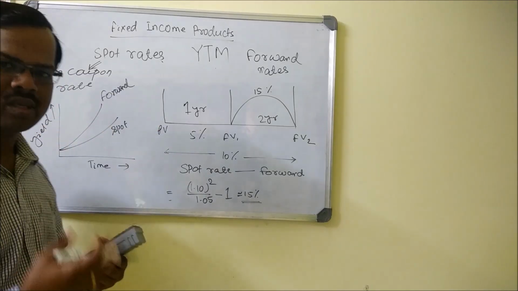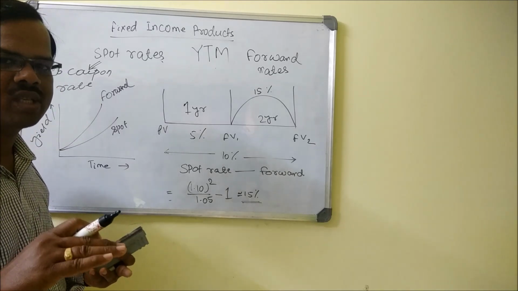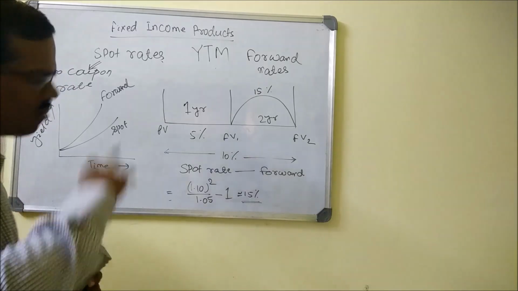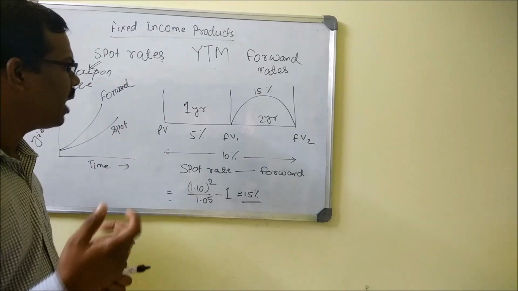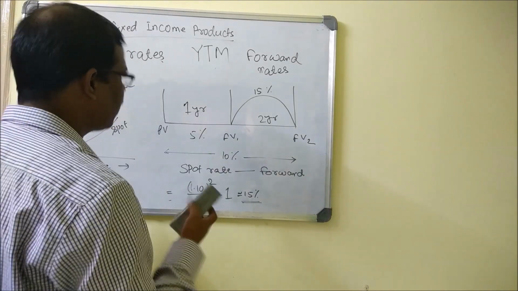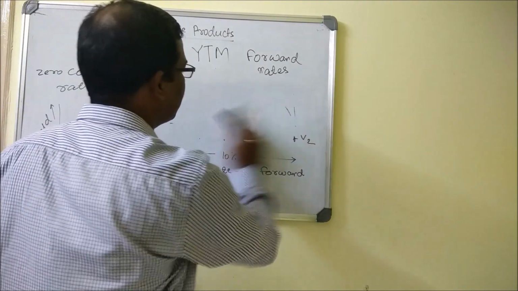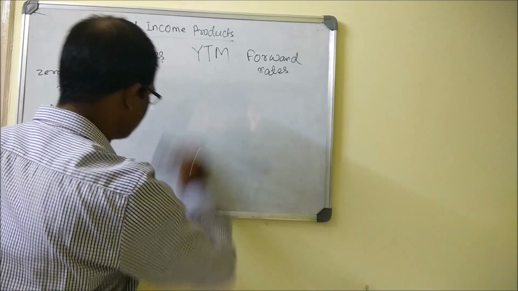Now we will study what will happen if the spot rate curve is a flat curve or a downward sloping curve. Very simply, I will give you a table which will help you figure out the nature of the forward rate curve in different scenarios.